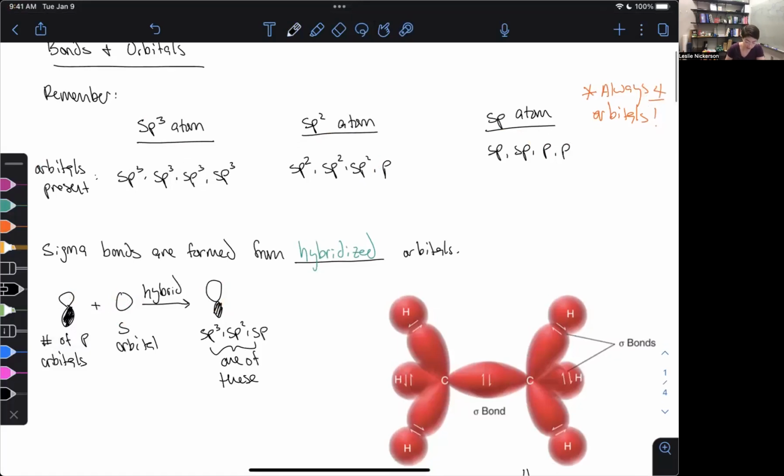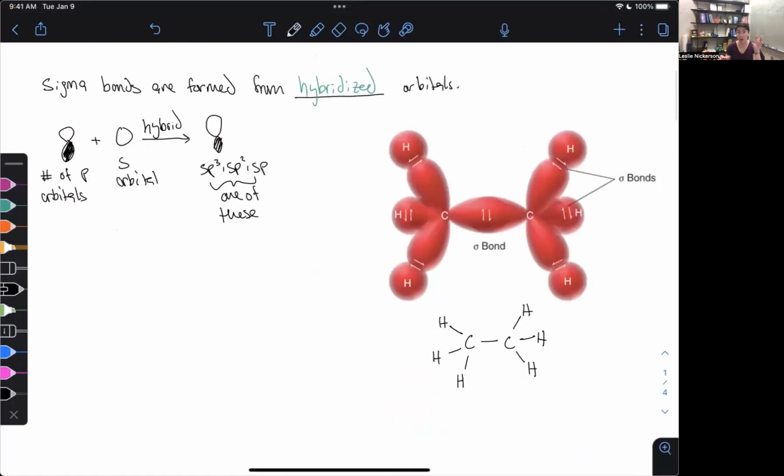So then we have one atom with a hybridized orbital and another atom with a hybridized orbital, and they're going to come together to form a bond. The way that we normally see this is we're going to see some atoms. We're just going to use a little carbon atom here, another carbon atom here. So this carbon atom has its hybridized orbital. Let's show you the other side.